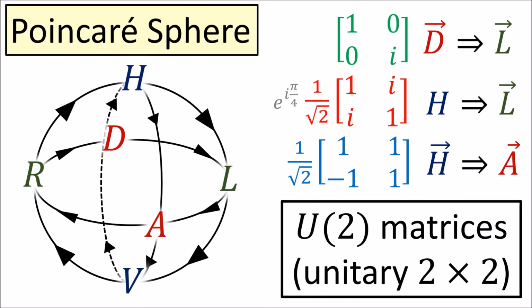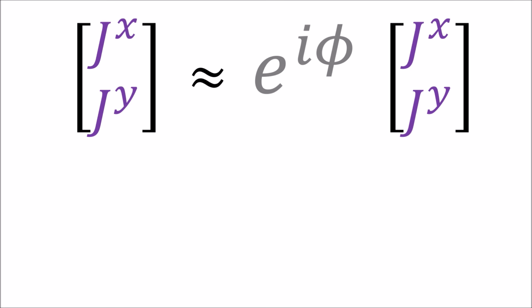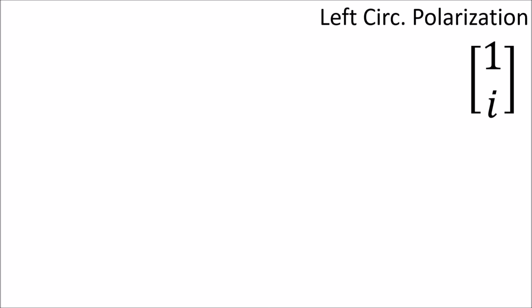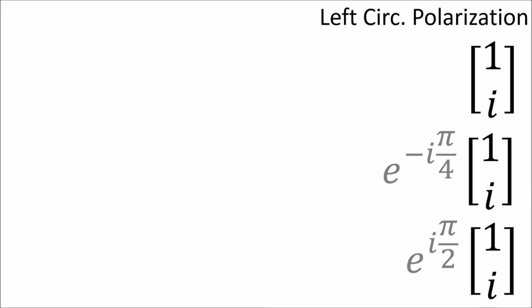So we know that U2 matrices can rotate our Jones vectors on the Poincaré sphere. But once again, there's something we've missed. Recall that any two Jones vectors that are the same, but with a different phase factor in front, represent the same polarization. For example, each of these Jones vectors represents a left circularly polarized wave.